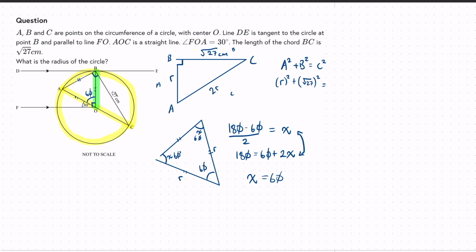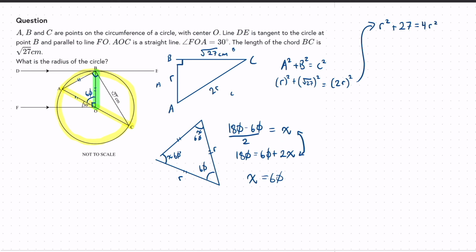And c is 2r. Okay, so let's simplify this just over here. So r squared plus 27, because see that square root and the square cancel out. Well, that's equal to 2 squared, 4, times r squared.